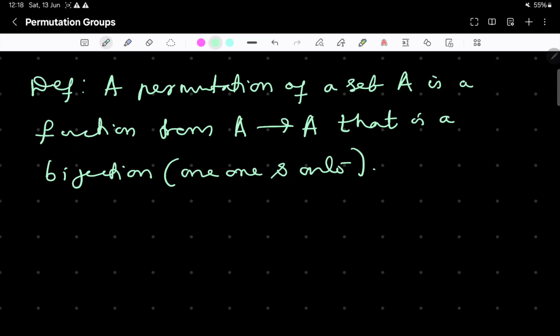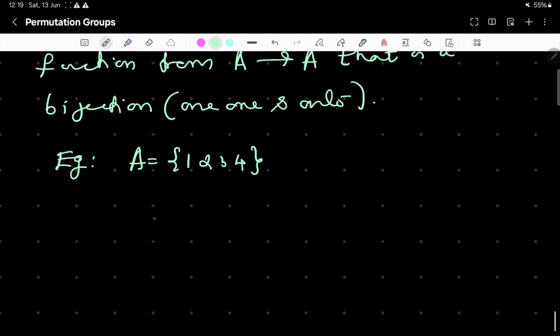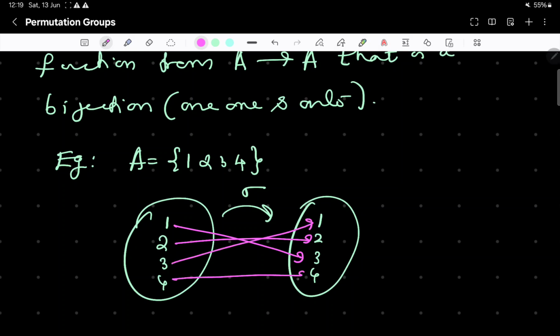Okay, so let's see one example. Take A equal to {1, 2, 3, 4}, then let's define a bijection sigma from {1, 2, 3, 4} to {1, 2, 3, 4} like this: 1 goes to 3, 2 goes to 2, 3 goes to 1, 4 goes to 4.